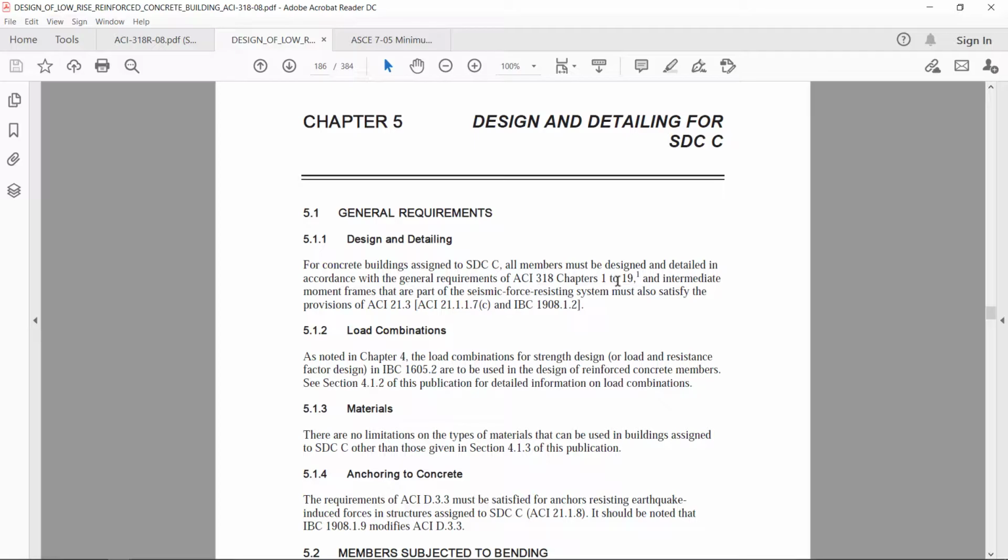And if it has intermediate moment frames that are part of the seismic force resisting system, it must also satisfy the provisions of ACI 21.3.